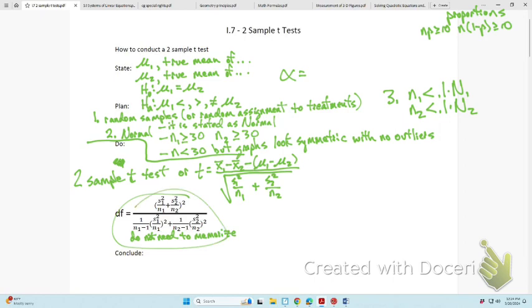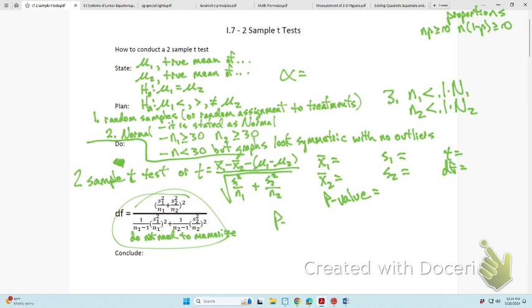All right? But please write down everything the calculator outputs. It's going to give you the two sample means, the two sample standard deviations. It'll give you T, it'll give you DF, and it'll give you the p-value. So you need to make sure you write all of that down.